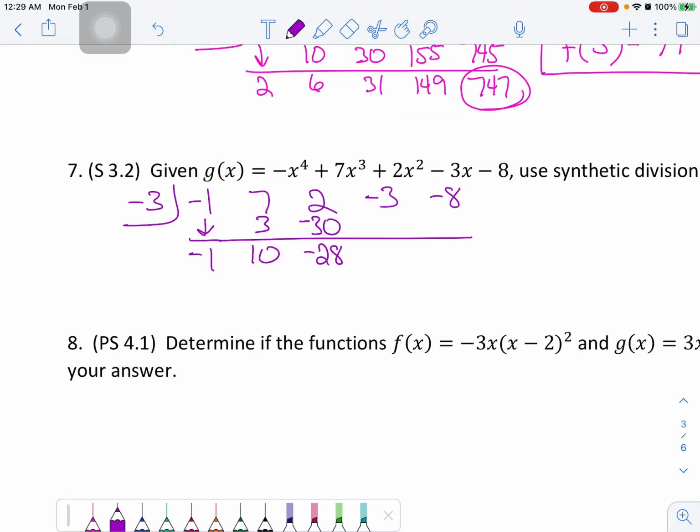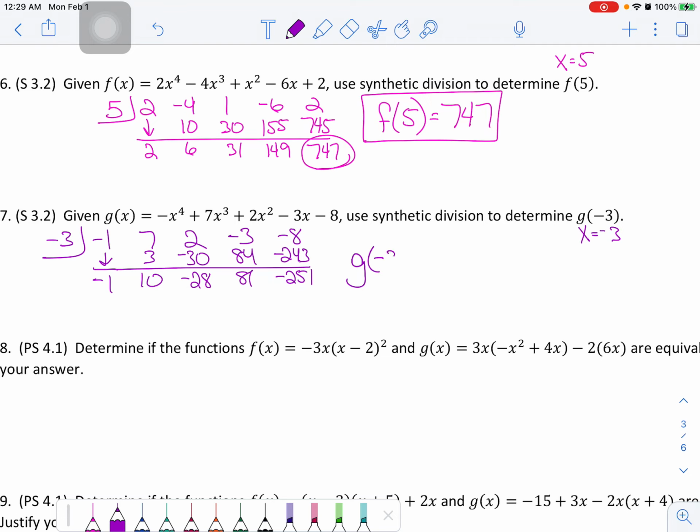-28 times -3. Let's find out what that is with a calculator. So that's going to be 84 plus -3 is 81 times -3, -243 plus -8 is -251.